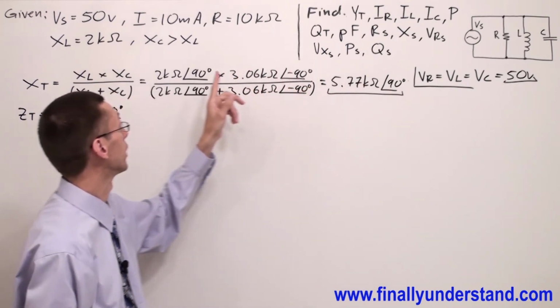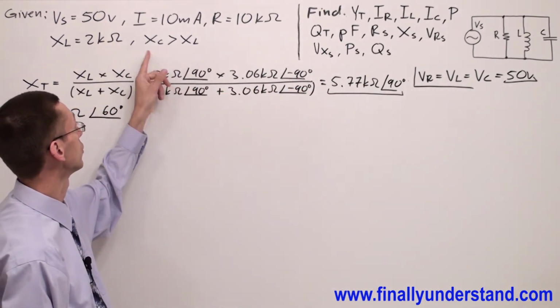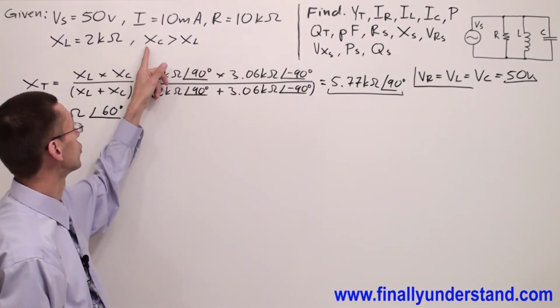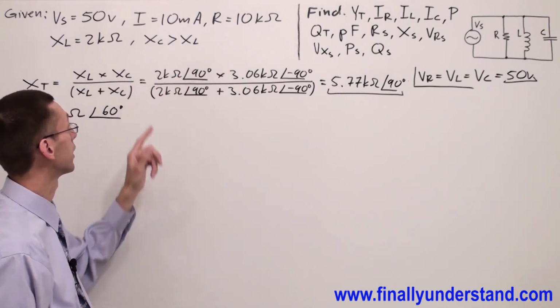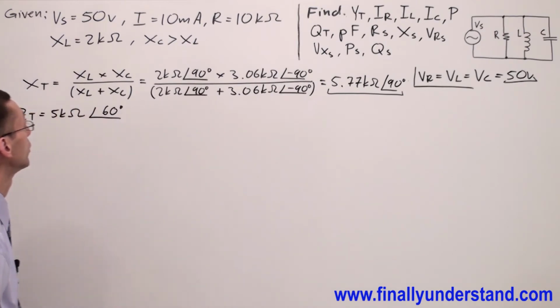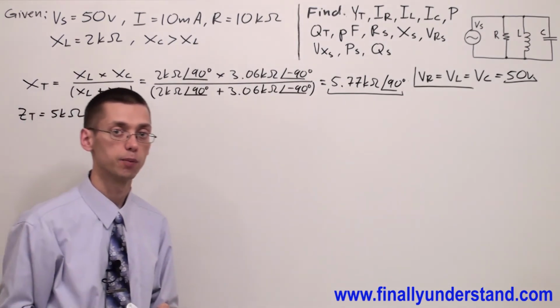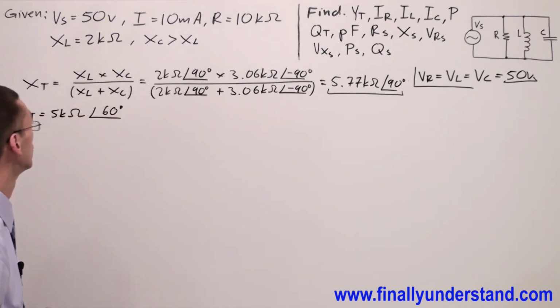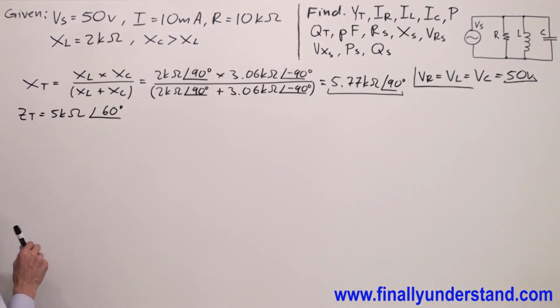So one more time, anytime you have a parallel circuit and X of C is greater than X of L, your angle is always going to be positive. When we talk about the series circuit, it's going to be opposite.